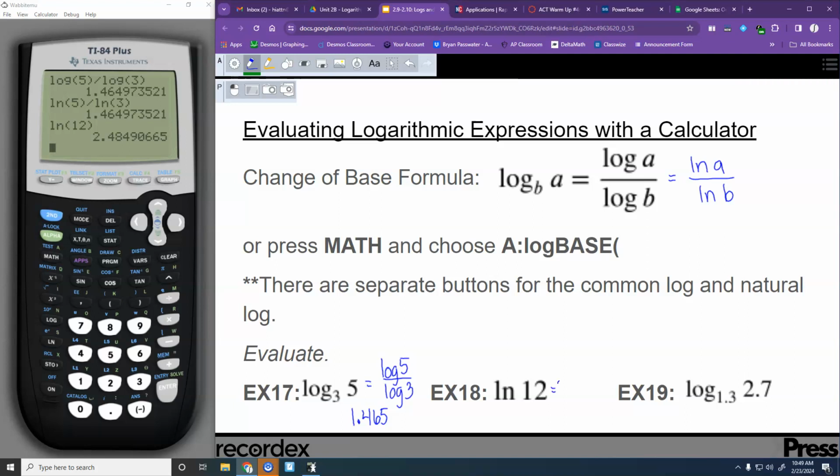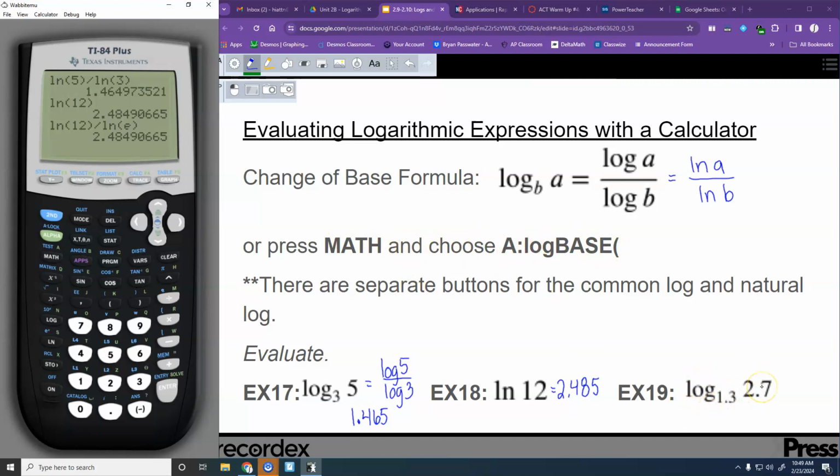So this will be 2.485. And even if you were just going overboard and did use change of base, if I did natural log of 12 divided by natural log of e, because e is the base there, it'd give you the right answer. So it doesn't hurt to do it that way.